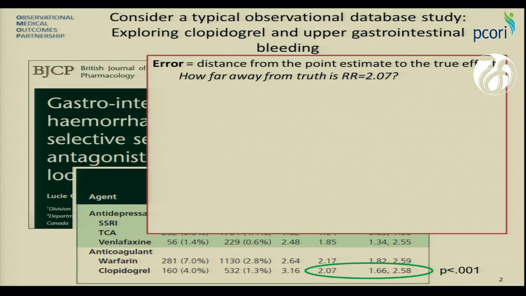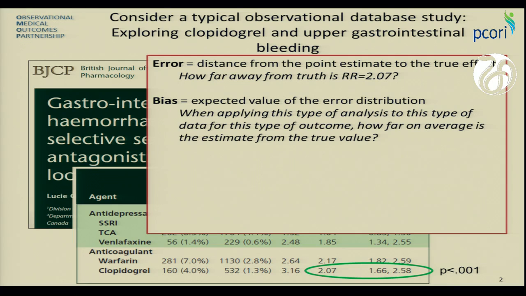So in this particular case, I'm asking the question, how far away is that estimated 2.07 from whatever is the true value? Bias, which is the topic of our talk, is actually really about the expected value of that error distribution. So I could frame that as, if I were to apply this same type of analysis to this same type of data for this same type of outcome, how far on average would those estimates be from their truth?